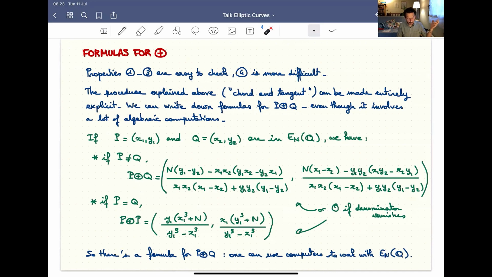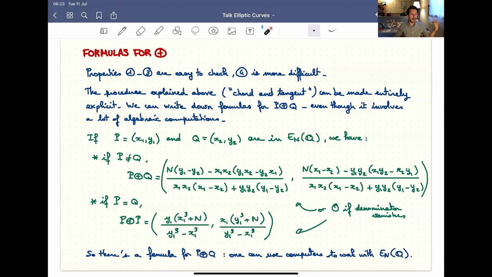Maybe I should say that the process we use to define this operation plus with a circle, I described in words, but you can make it entirely explicit in terms of formulas, which are scary and you don't have to write them down. I just want to say that those formulas exist. If you have 2 points, you know the coordinates of those points.